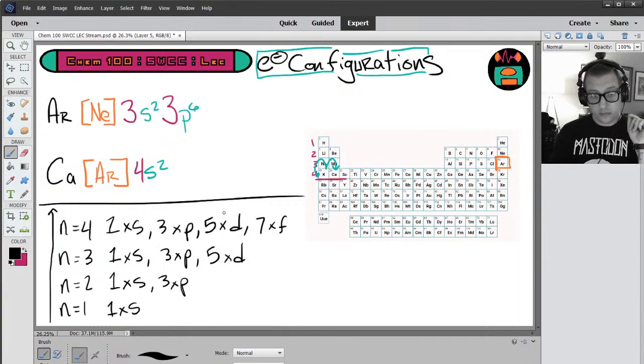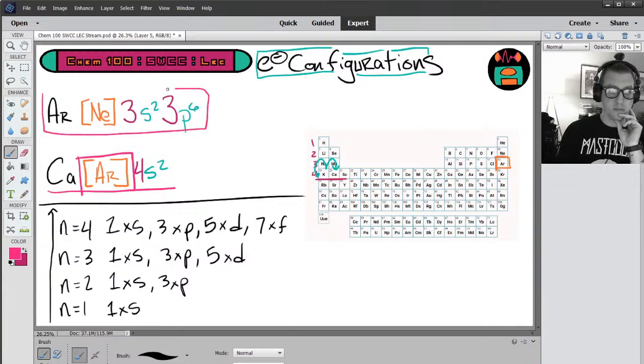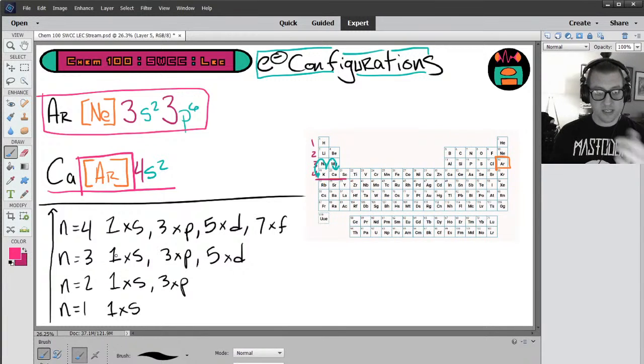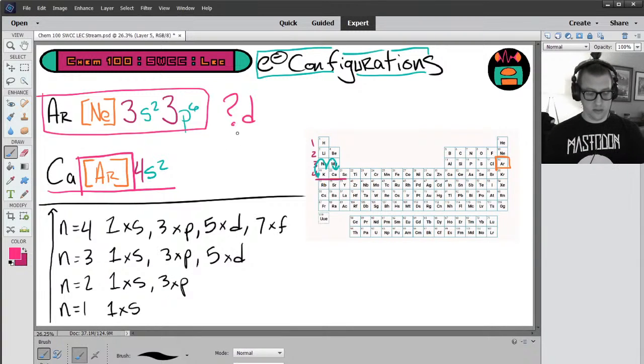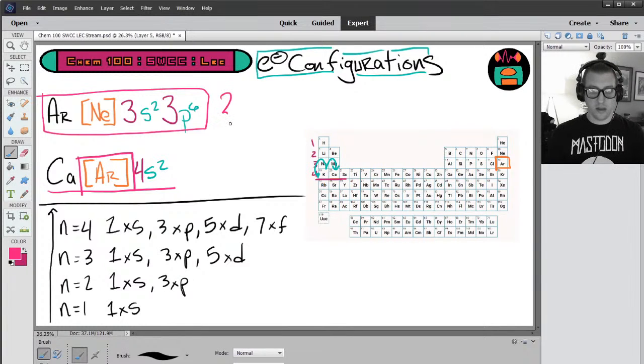So notice something. We said that calcium has all the electrons of argon plus 2 in its 4s subshell. What about the d orbitals?